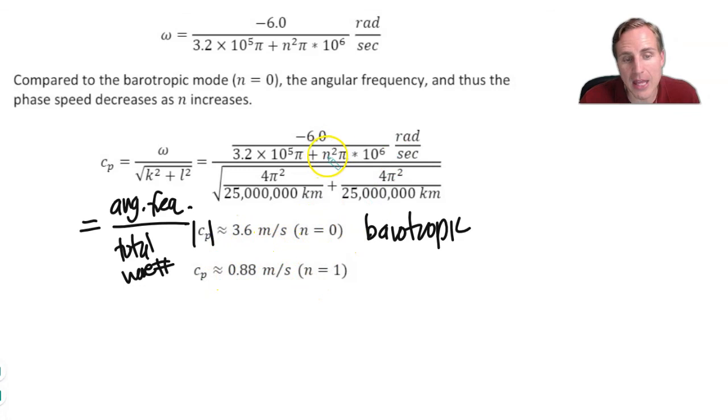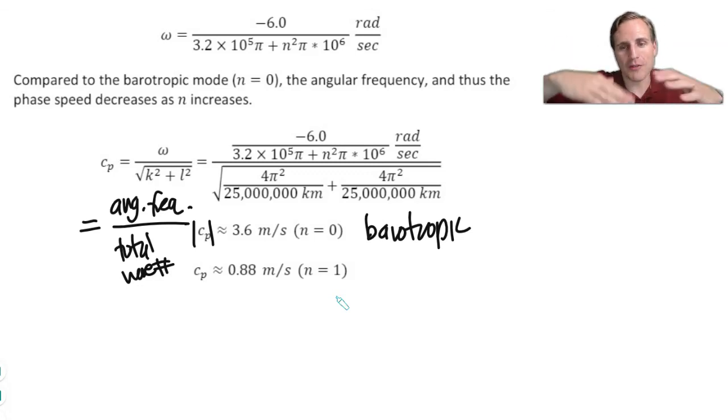Notice that if you put in n equals 1 there and chug this through in your calculator, you get about 0.88 or so meters per second. So notice it's a lot slower. Think about why that is. If you have stratification, the waves aren't going to propagate so freely, because based upon the stratification, different parts of the wave, depending upon the height, are going to propagate at different speeds.